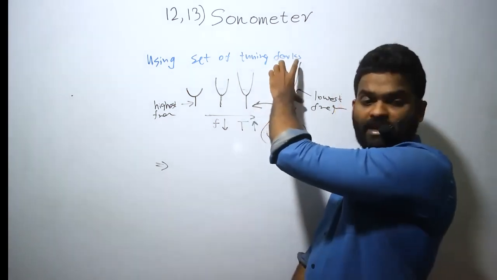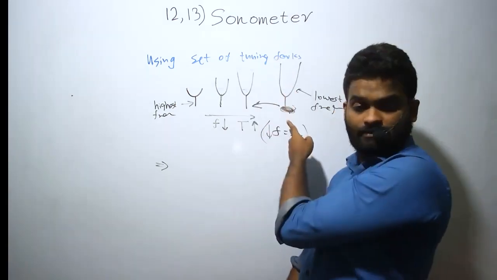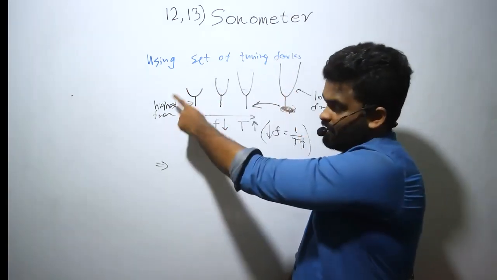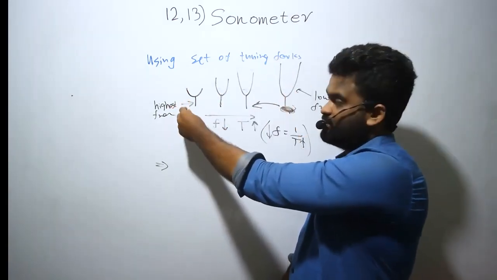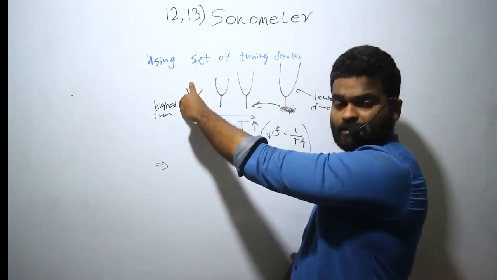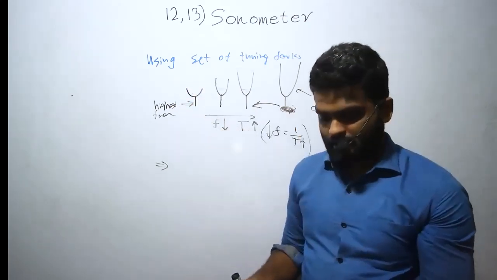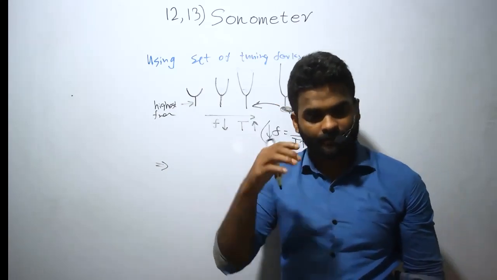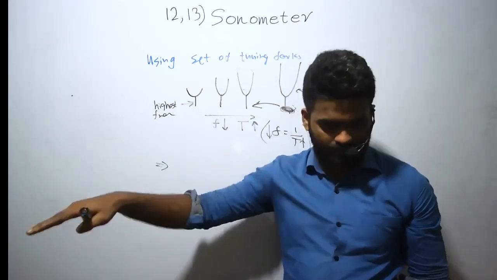So we make sure the length is enough using this largest one. Then taking measurements is done starting from the largest frequency, the smallest tuning fork. Right. Then draw a line to separate that.